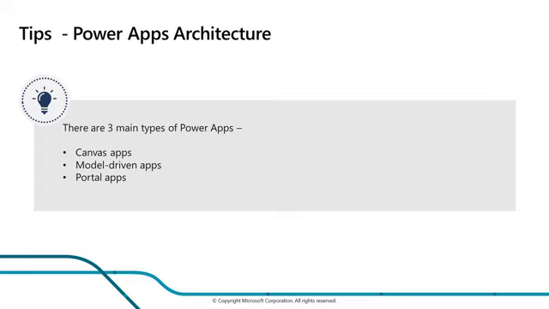And the last one is the portal. So the portal only runs in the browser. And the great thing about the portal is that the way the users are authenticated is different from Canvas and model-driven. With the portal, the users are stored in the account table in the Dataverse. So it's really like WordPress again. The users are not directly connected to your Active Directory users. So you can even build a portal without any connection with the Active Directory, just your administrator, let's say.